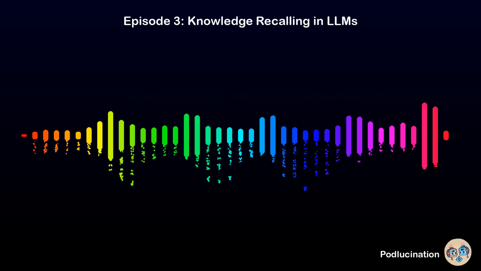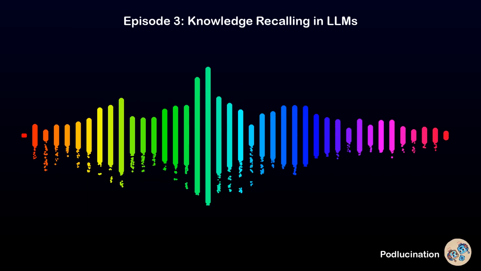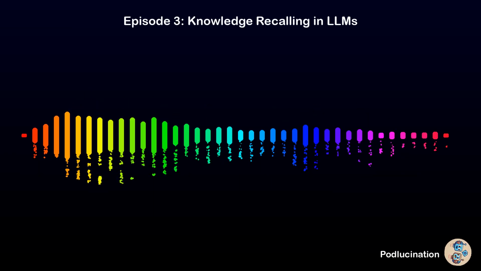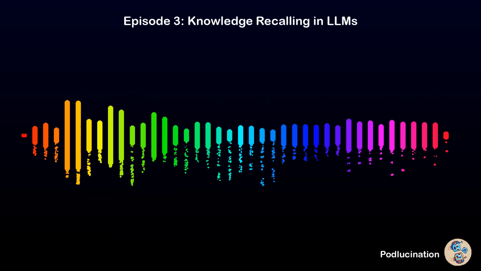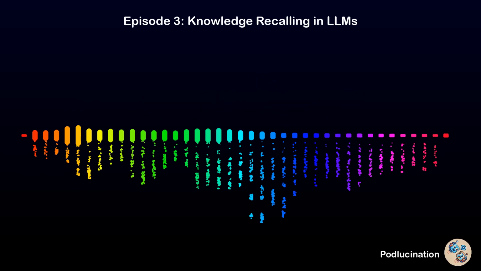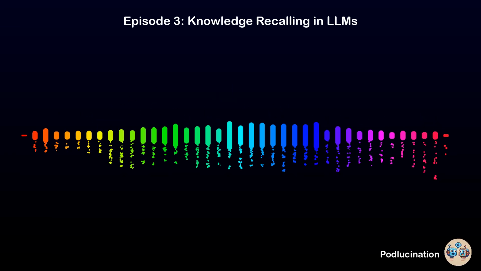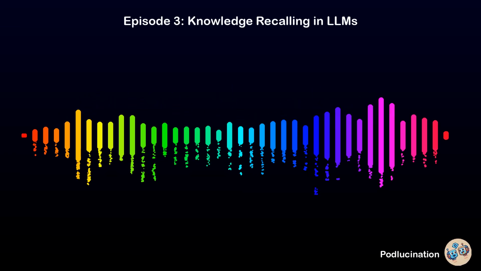The paper really digs into how this induction head develops during training, analyzing gradient dynamics and the roles of different transformer components. Seems pretty crucial for understanding how knowledge recall actually works.